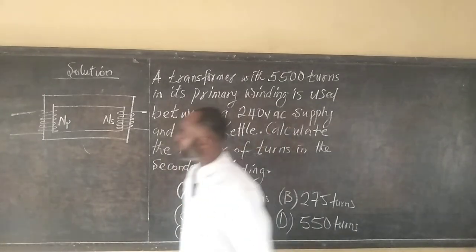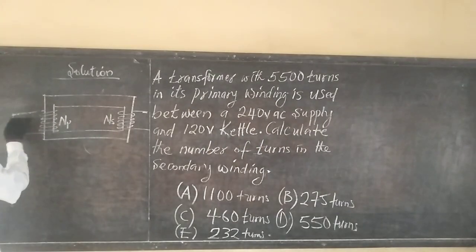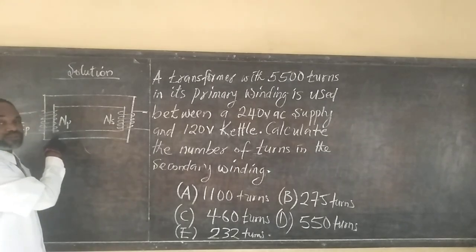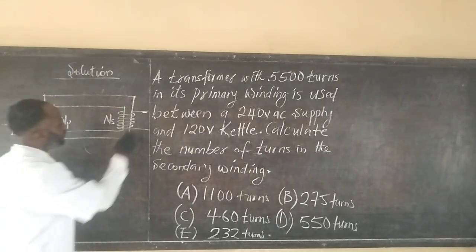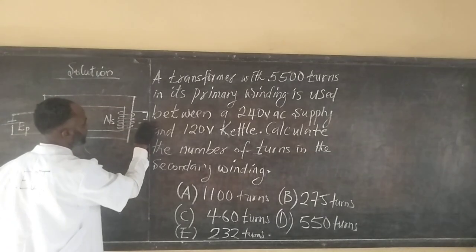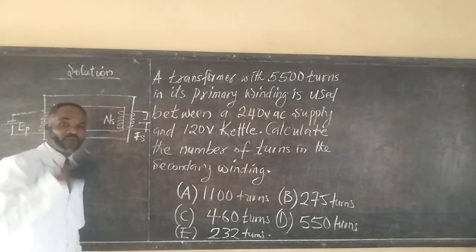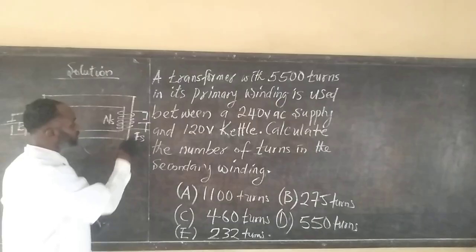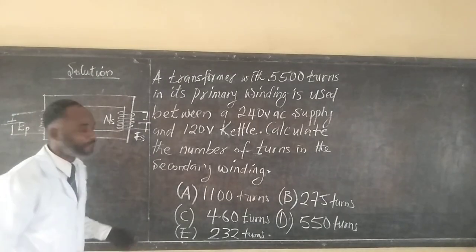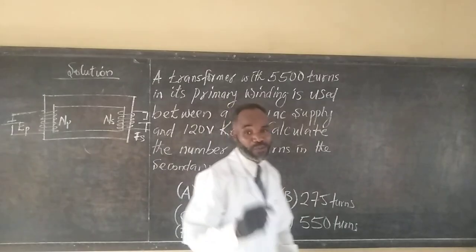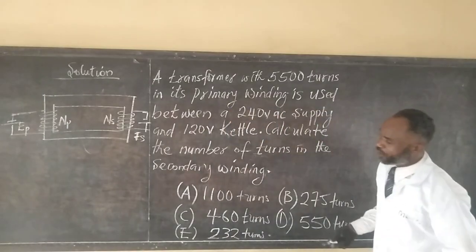Remember, there is also energy here, which is giving us EP, the electromotive force through the primary coil. And here, EX, the electromotive force or voltage across the secondary winding. So we have to look for a connection. What's the connection here?